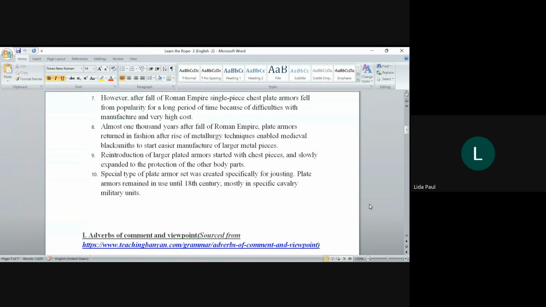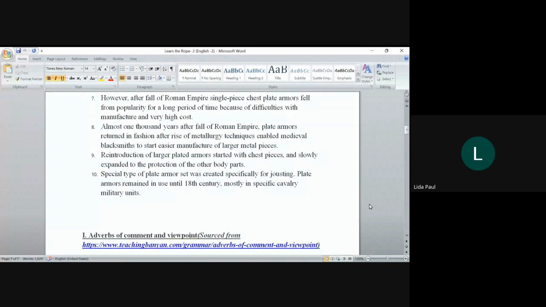Now the last one in this one, special type of plate armor set was created specifically for jousting. Plate armors remained in use until 18th century, mostly in specific cavalry military units. First line, special type of plate armor set was created specifically for jousting. Anything?